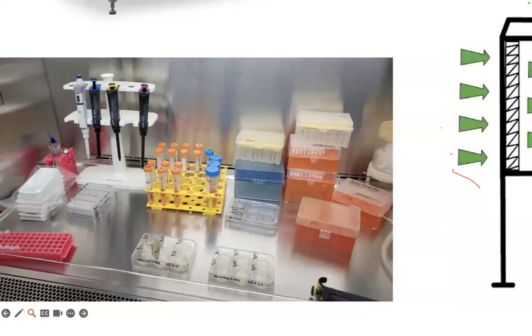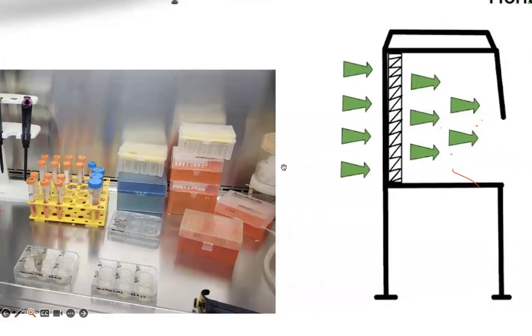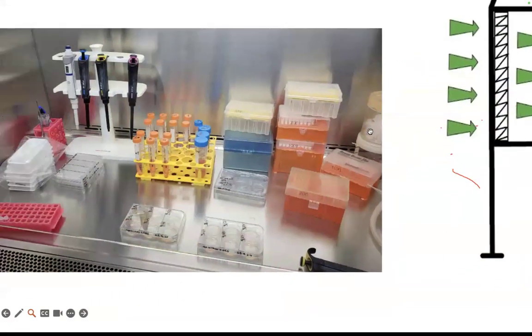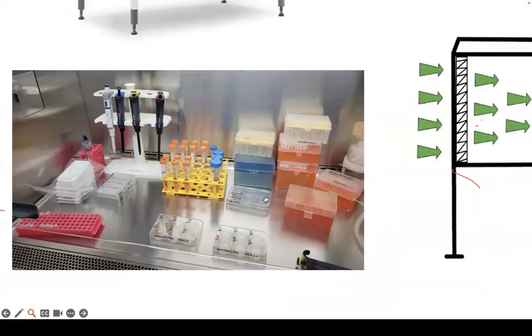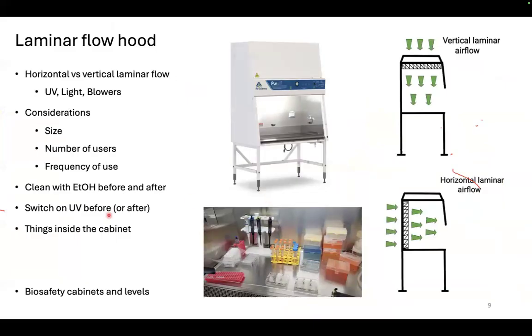Some people like to keep a scissor inside. Sometimes you would want to cut the base of your tips to make a wide bore tip. Again, things like that. You may want to keep a marker or two inside. These Eppendorfs can be inside. So yeah, those things are generally what are there inside the cabinet.